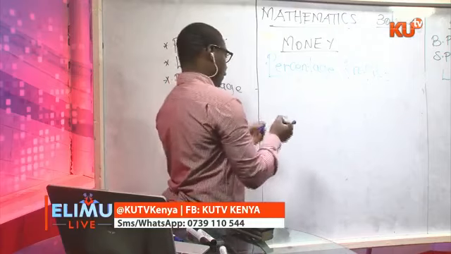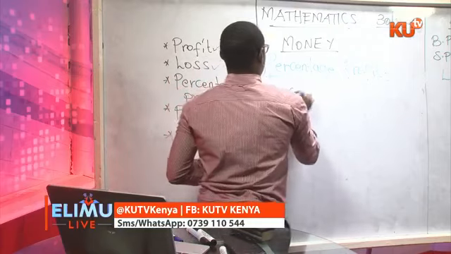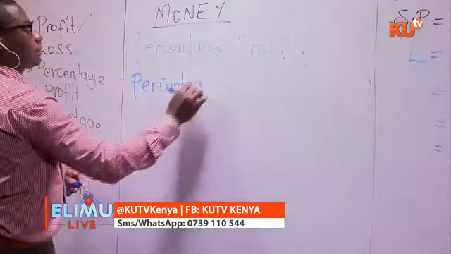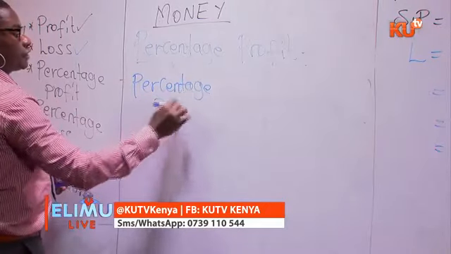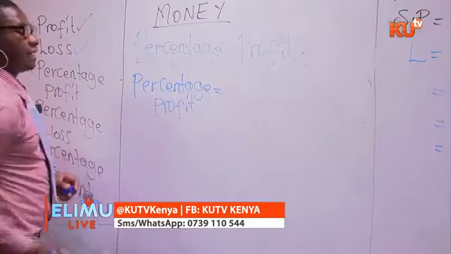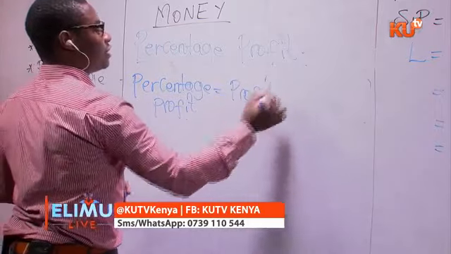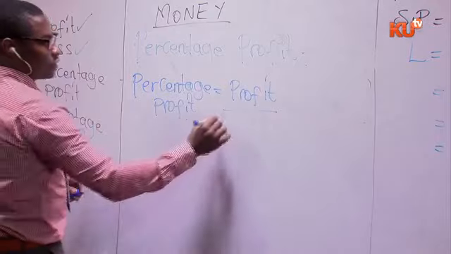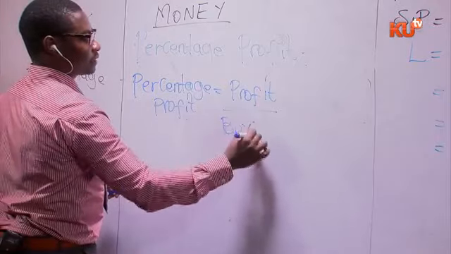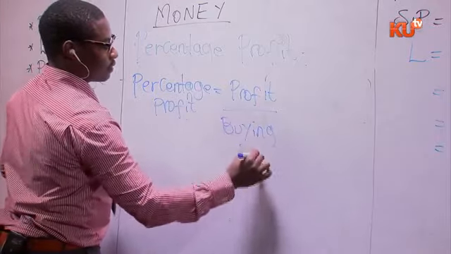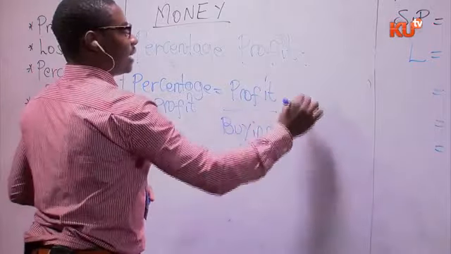So percentage profit is calculated by taking the profit, which we already know how to calculate, over the buying price times 100%.